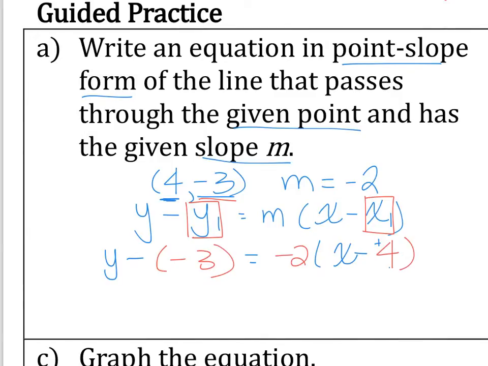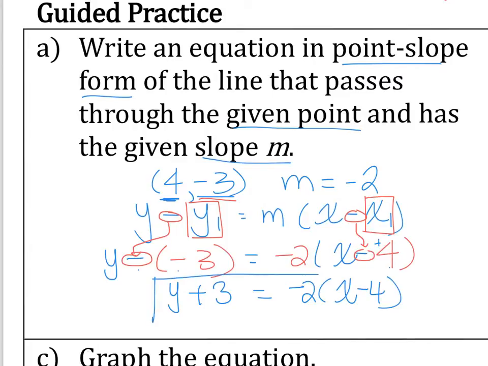And this negative sign here matches up with this negative sign, or subtraction sign. It's okay. And now we can simplify. Negative negative makes positive. Y plus 3. And we can continue with this: -2 times the difference of x minus 4. And now we have this function written in point-slope form.